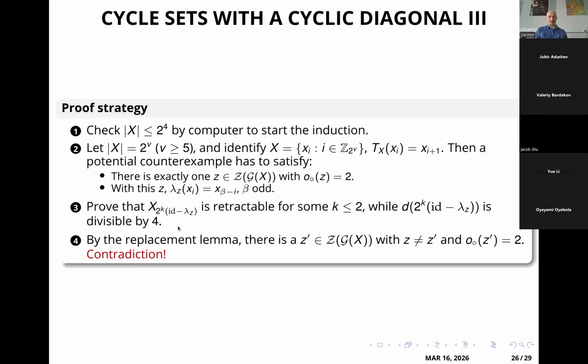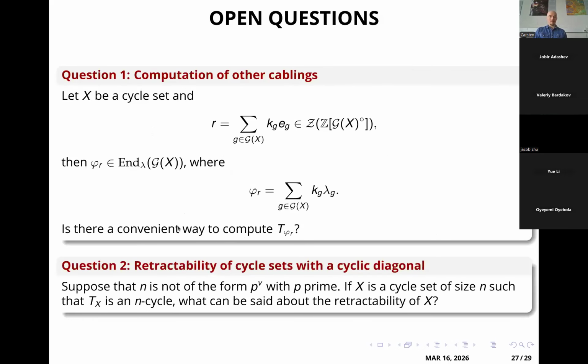So this is essentially what I had to say about endocabling and the results. And as many results as there are here, there are even more open questions that come up. Namely, we have seen that we have very good control over special cablings, but not all.